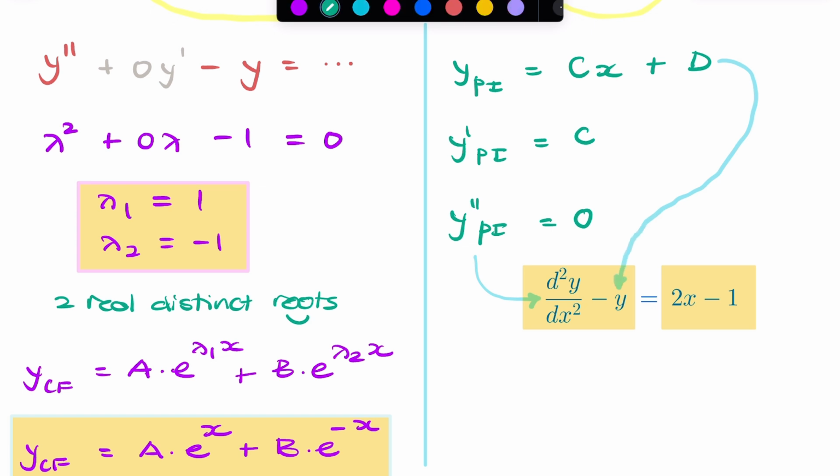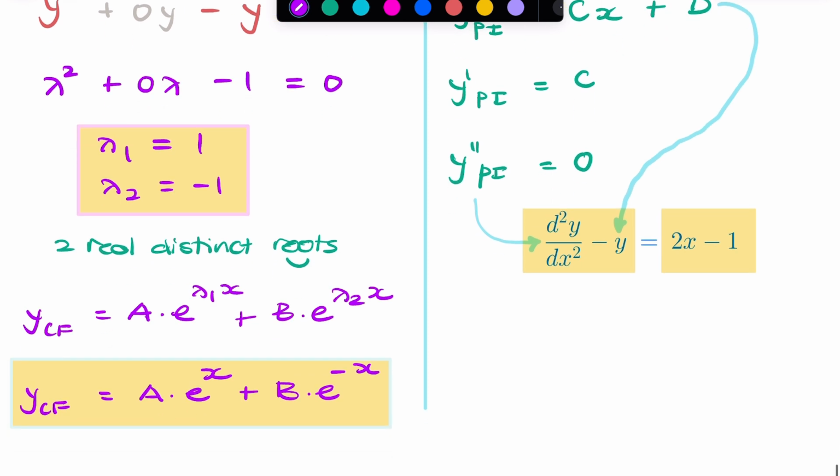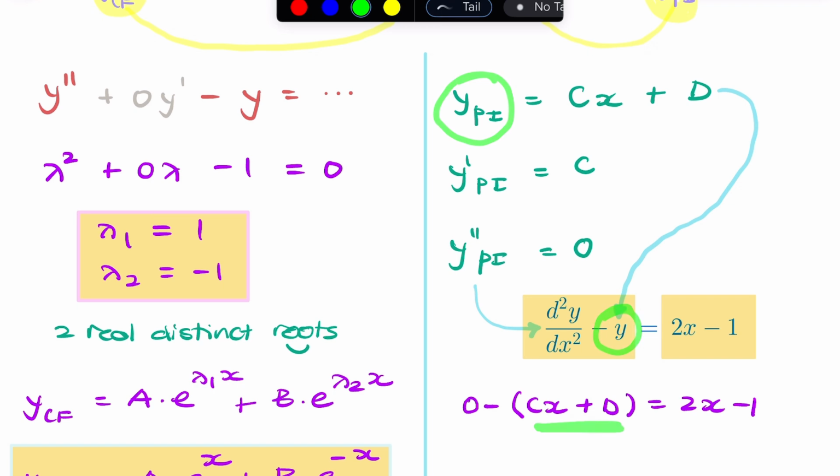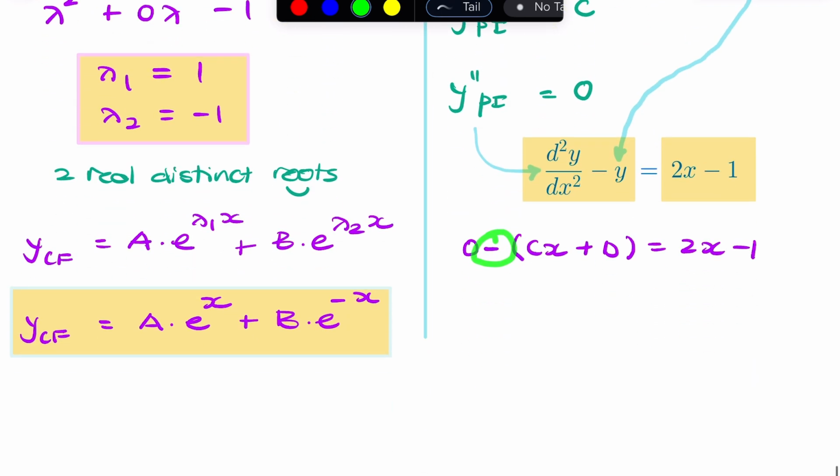Hopefully I'll be able to solve for c and d. So I'm going to say 0 minus brackets cx plus d equals 2x minus 1. So you notice how cx plus d is my y. I put that there, behind that negative sign. So if I multiply out the negative, that gives me negative cx minus d equals 2x minus 1.